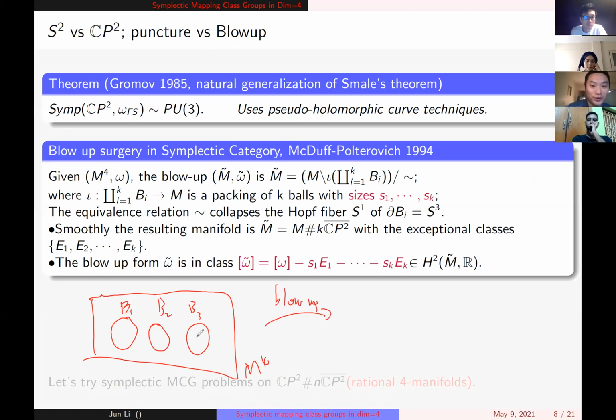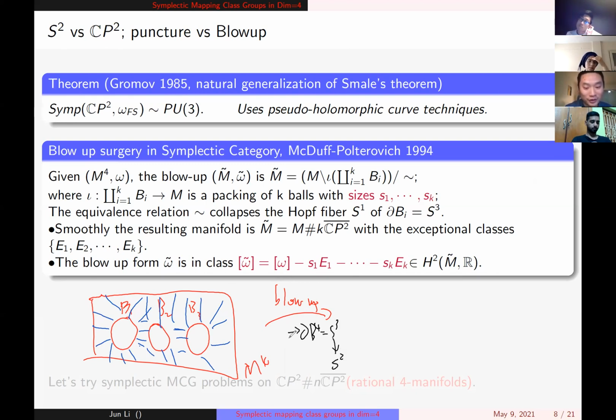The first thing we do is to remove the balls. This is like making punctures. We look at the complement. But we don't want to end up with non-compact guys, so we want to close the boundary up. The boundary is S3, and we have a natural Hopf fibration here.